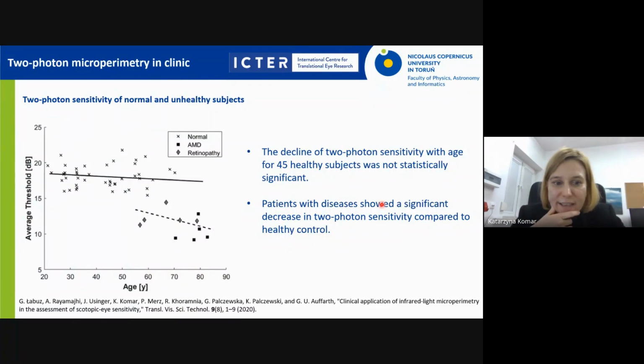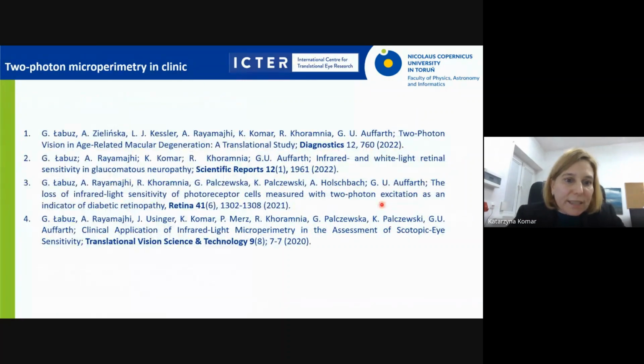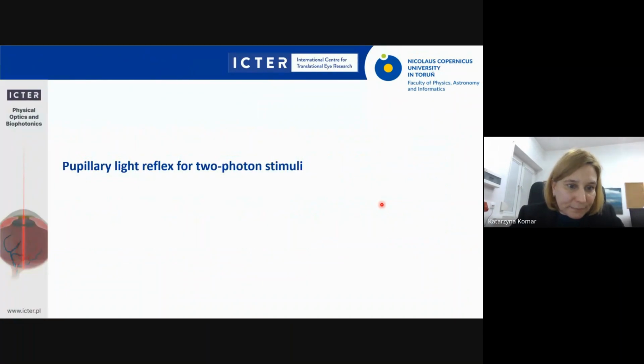It is in Heidelberg University Hospital, and they measured by two-photon microperimetry many patients with many diseases. And if you are interested, I will. These are the papers.